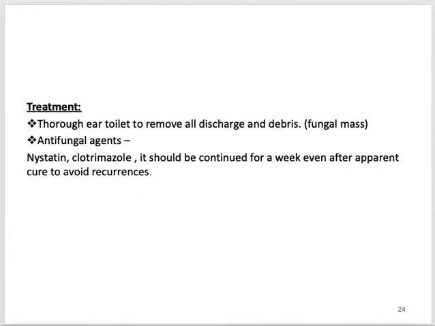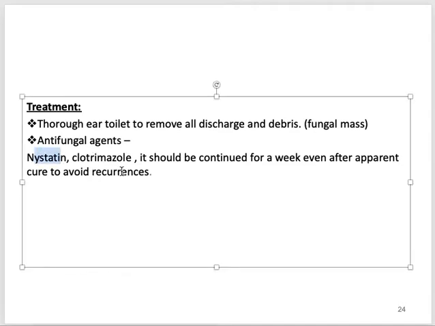So what is the treatment? Treatment is simply ear toilet, remove all the discharge, remove all the epithelial cells, which can be done by syringing, by suctioning, by mopping, and then we give them antifungal drugs, nystatin, clotrimazole.